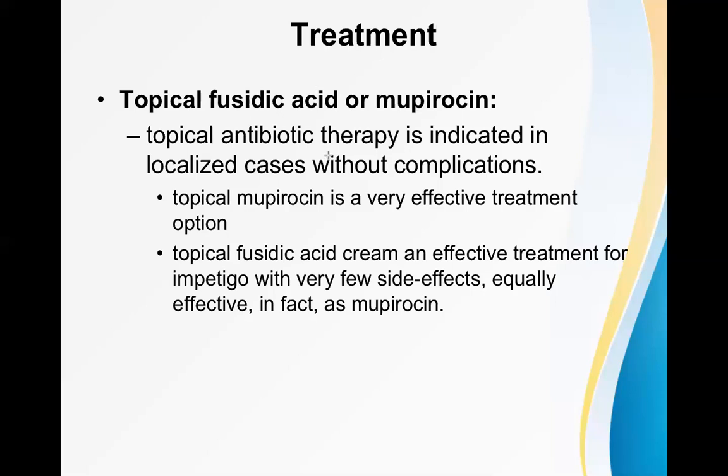Even inside your family, if somebody is having some minor skin infection or disorder, you can safely prescribe this antibiotic. Don't worry about the trade name. Try to remember the pharmacological name, and we can easily get them from the medical shop. So topical antibiotic therapy like fusidic acid or mupirocin is indicated in localized cases without complication. They are very effective therapy and have very few side effects. Both of them are very commonly used in clinical practice.